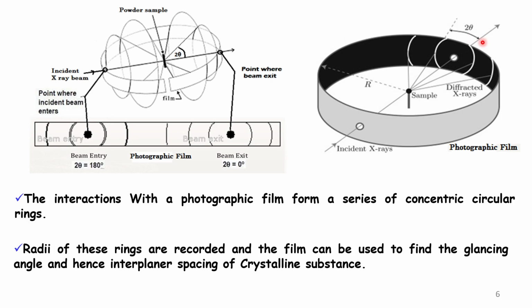We can see the pattern developed on the photographic film in the form of concentric rings. All these rings on this photographic film are formed due to the formation of cones, and it is due to the diffraction.